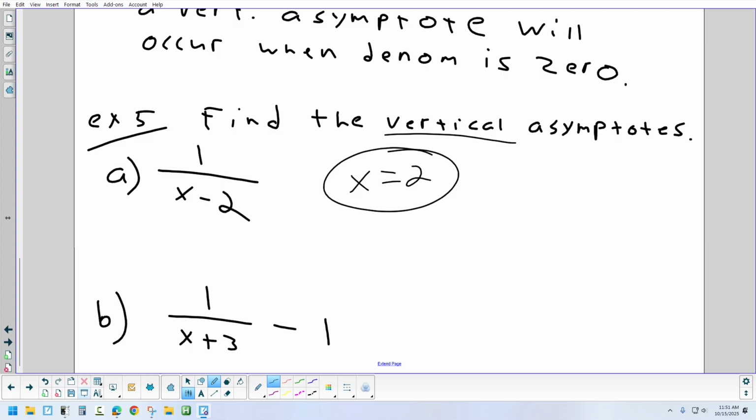About example B. Check for common factors between the numerator and denominator. If there are none, then well, you know what to look for. Would there be a vertical asymptote here? Or if you don't think there is one, tell me why.